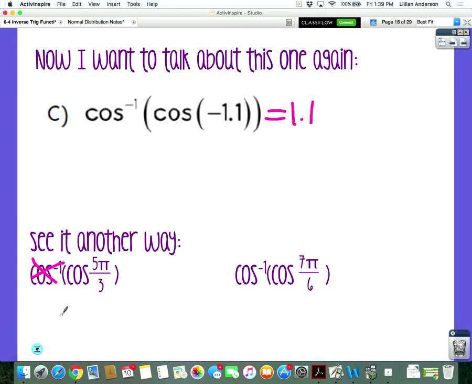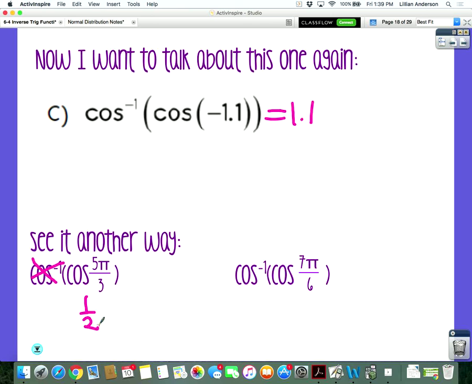If I ask you, what is the cosine of 5 pi over 3? Knowing you're in a circle, what's the cosine of 5 pi over 3? That's very true. That is 1/2. So the cosine of 5 pi over 3 is 1/2, right?